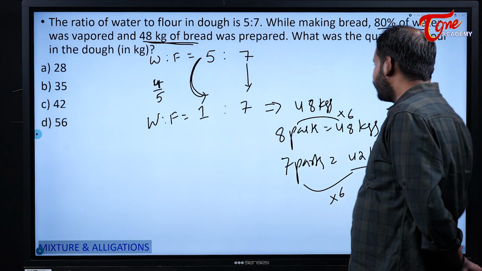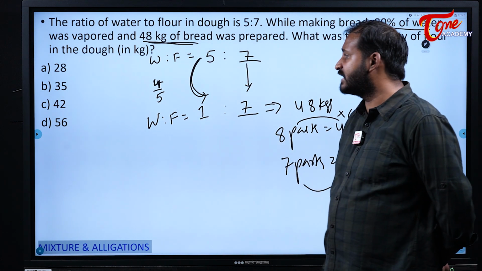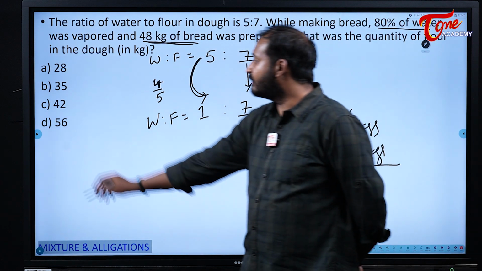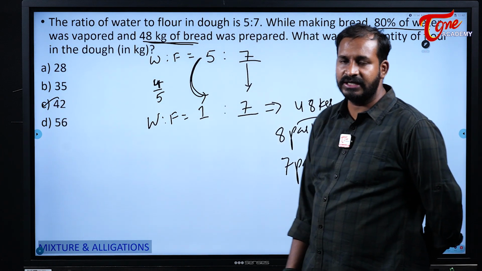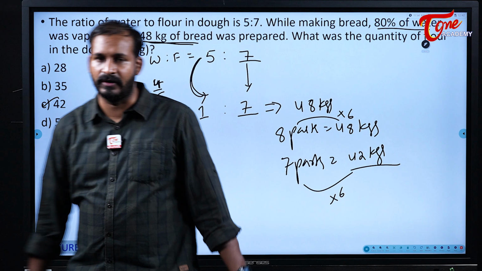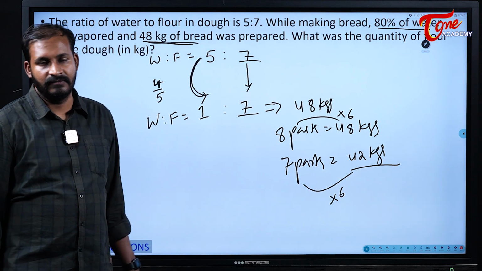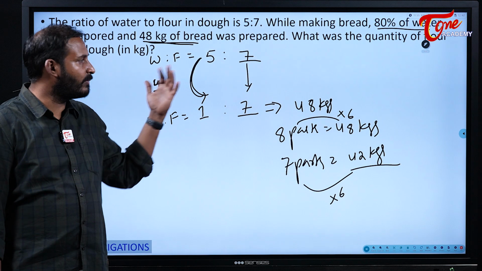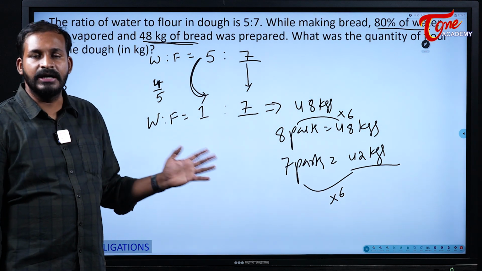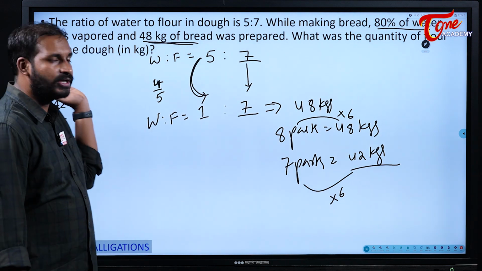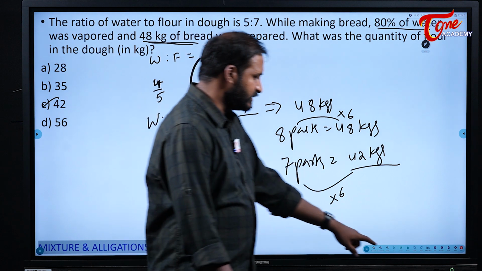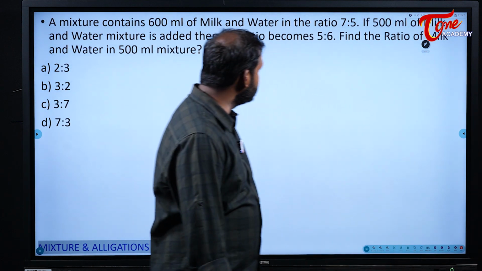The same flour remains initial and final. So, in my initial case also, the dough contains 42 kgs of flour. There will be no difference in the dough or in the bread, because only water gets evaporated, but the flour quantity remains the same. So, that is 42 kgs, initial or final.